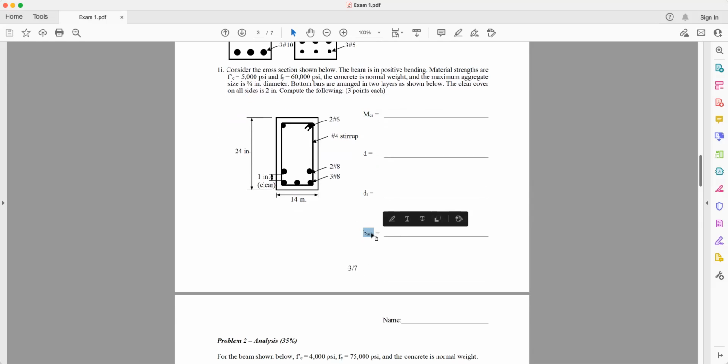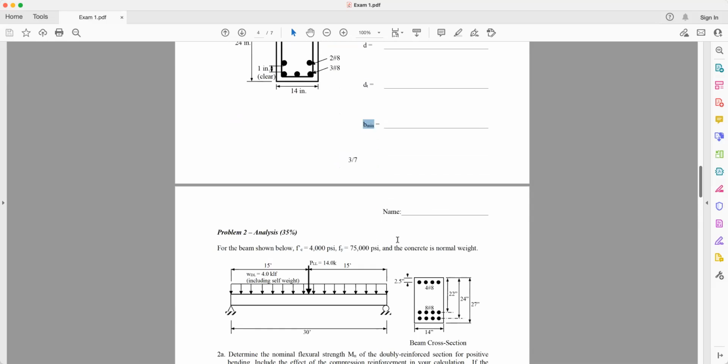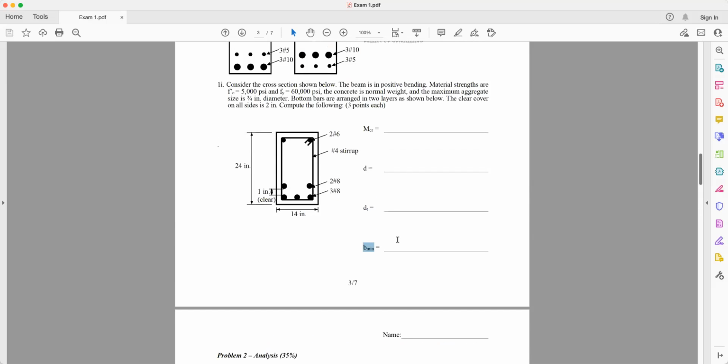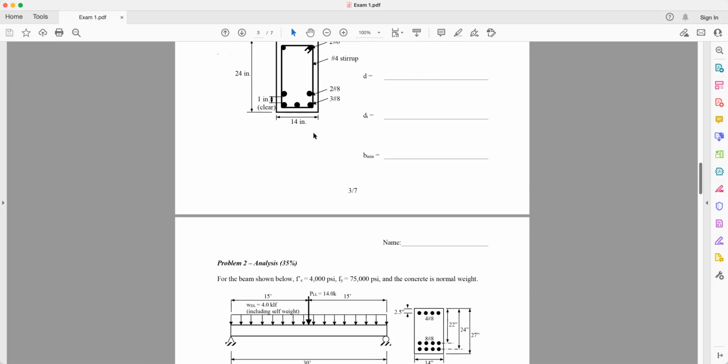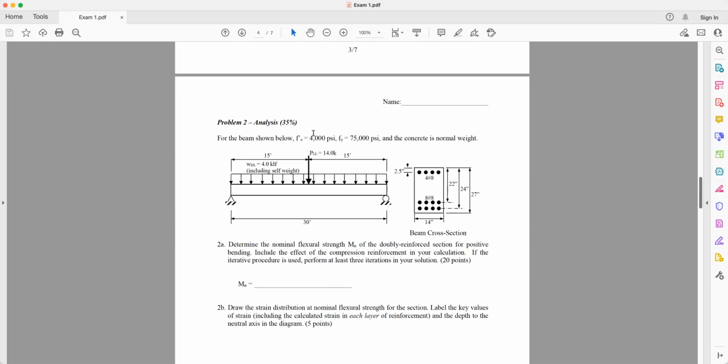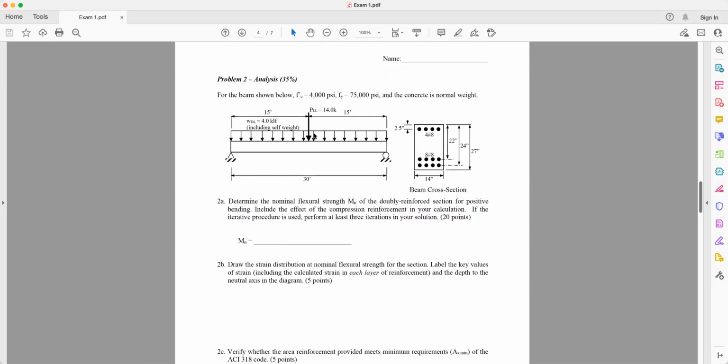So there are 2 ways of calculating it. One is to go through the detail, add up from the side and multiply by 2, and then compare with table A5. Can you do table A5? I don't know. Clear cover is 2 inches. I don't know if you can do table A5. So better do it by hand and then compare with table A5. Okay. All right, so problem number 1 is done.